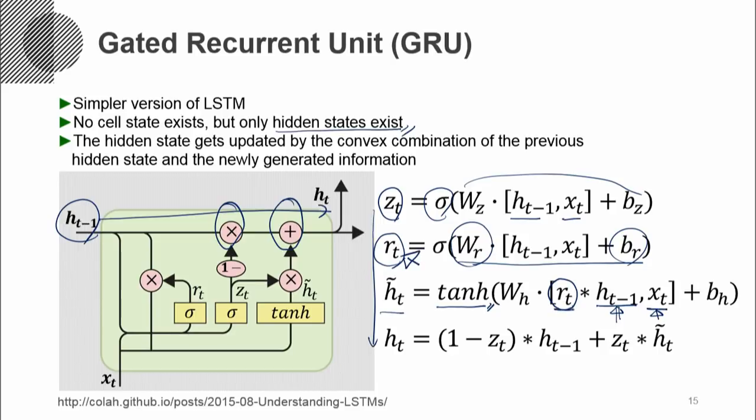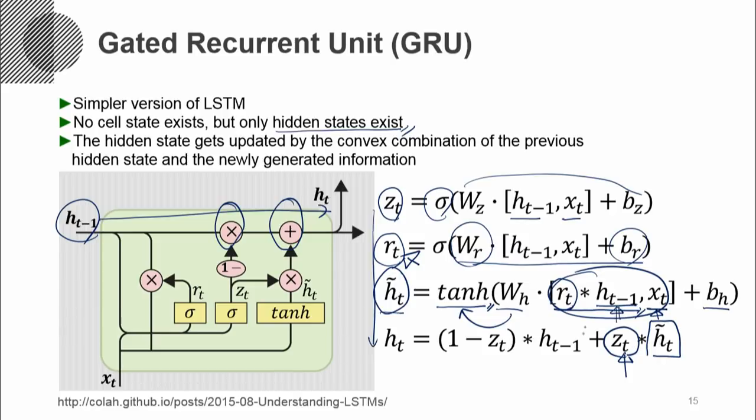So we selectively throw away some information from the previous hidden state vector, and altogether this information goes through the linear transformation with its own parameters, and then the tanh transformation. Finally, this is the information that we want to add to the current hidden state information, but it is further filtered by ZT. This corresponds to the input gate in the LSTM.